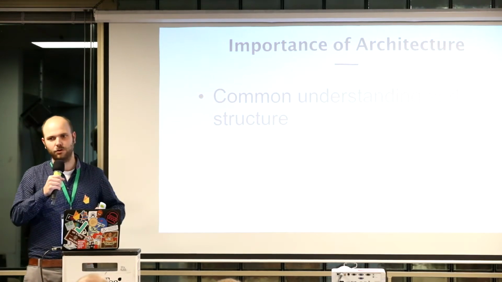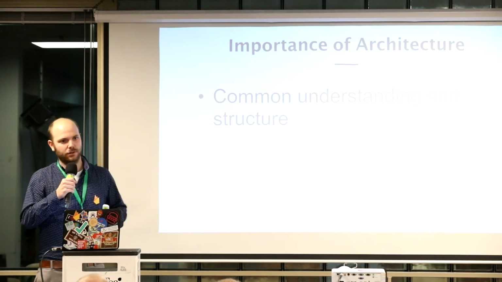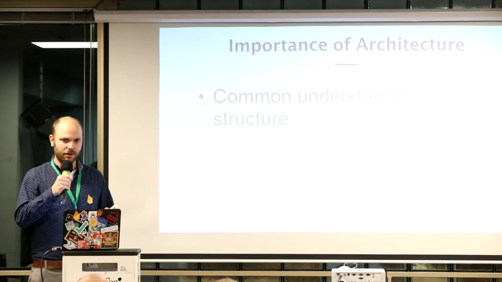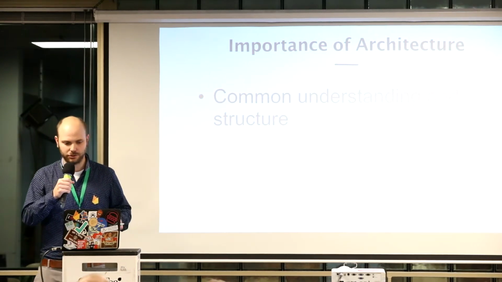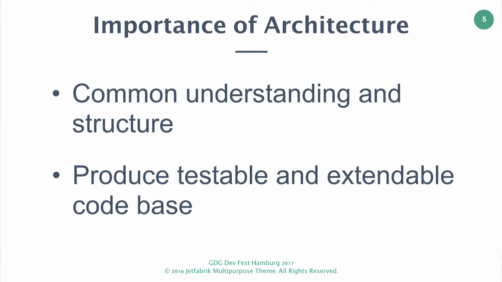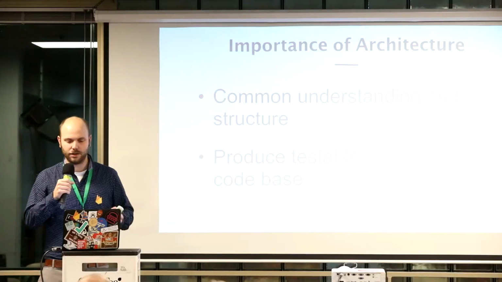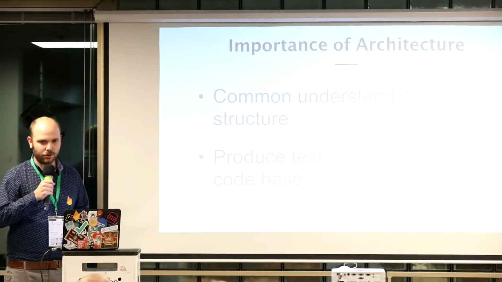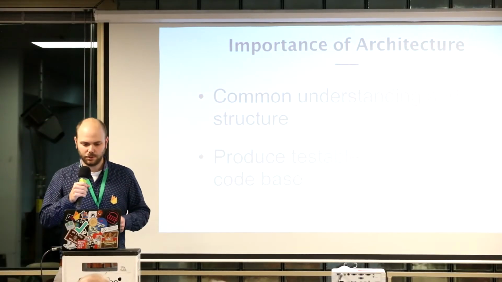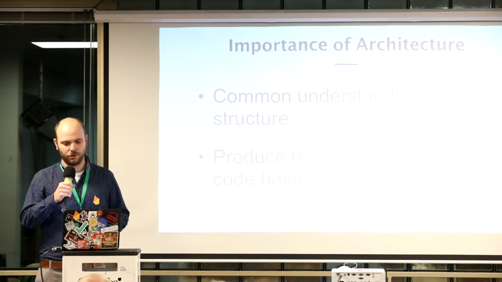If everybody knows the structure of your app, then it's much easier to extend it because everyone is on the same page. And of course, we all want to be good developers and produce testable and relatively easily extendable code, which is very important, especially if you are dealing with long-term projects.